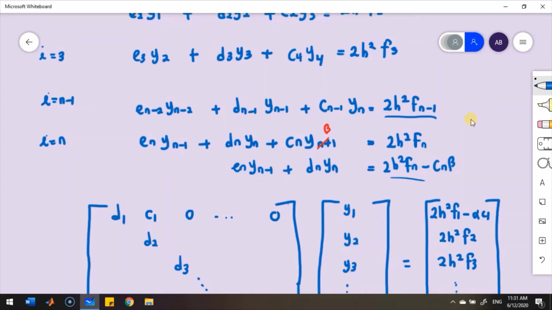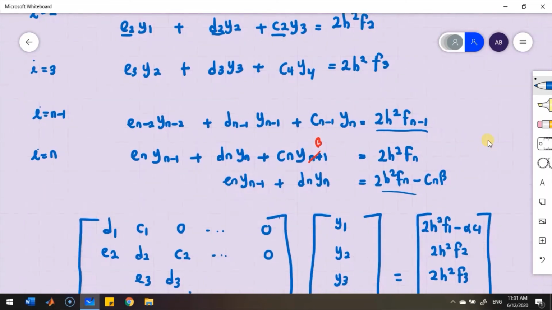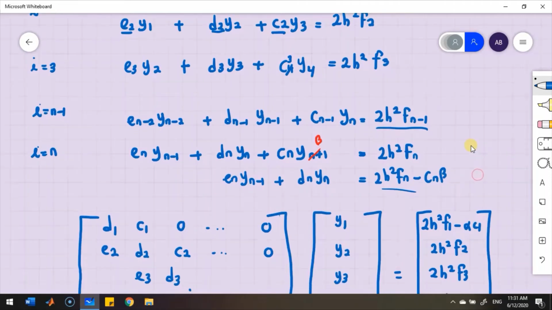And then for i equals 2, you can see here I have e2, d2, c2. So e2 d2 c2. And then for i equals 3, I have e3, d3, sorry, this should be c3, not c4, c3. So you know when you're wrong, when you think it's not correct.